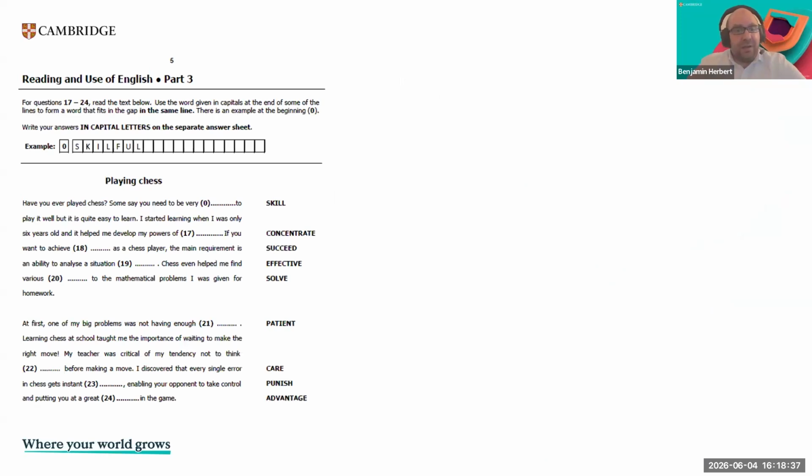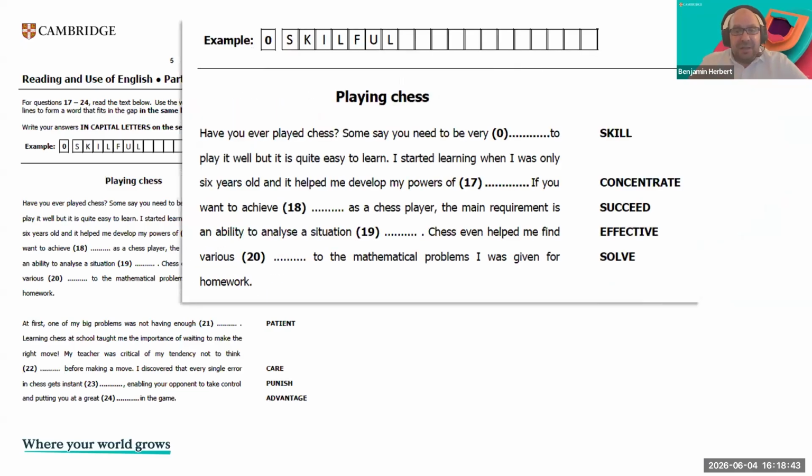I thought one thing we could do, if we're practicing this with our learners in the classroom, is do some brainstorming activities. So, for example, with number 17, rather than just simply asking the learners what the answer is, why not first of all ask them to think what words can they think of which come from the word concentrate?